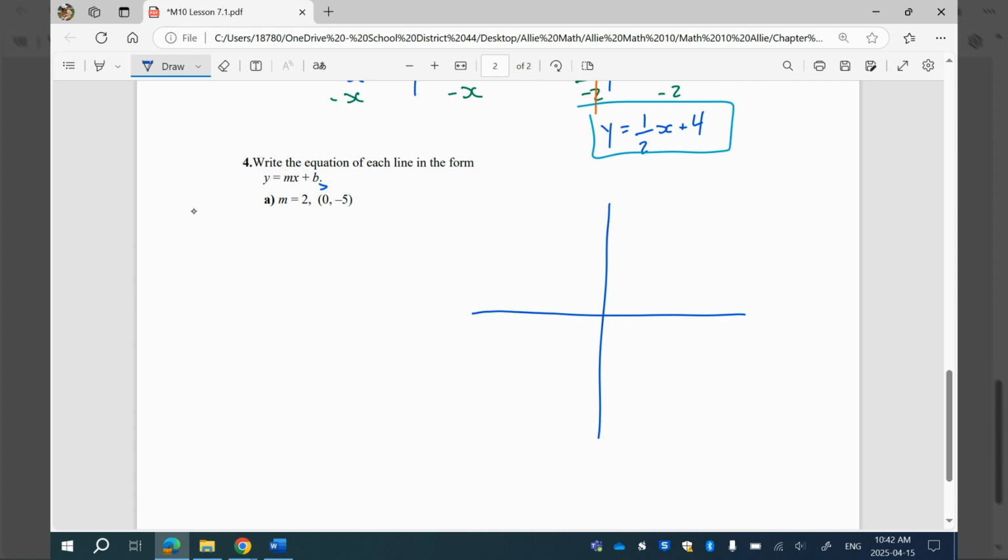So this is our x, this is our y. If we plotted this dot, it would be at 0, negative 5 down here. So we know, because x is 0, that this is on our y-axis. So we know this is the y-intercept. And they've given us our slope. So we have everything we need.